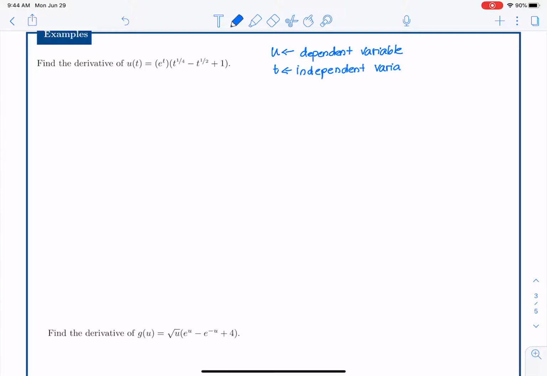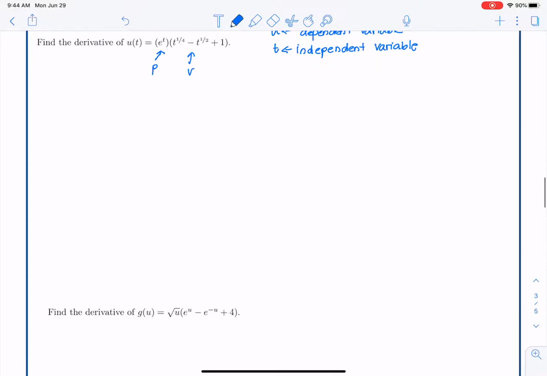And I don't want to call the two functions u and v. Rather, let me call them p and v. So p would be e raised to t. v is t raised to 1 over 4 minus t raised to 1 over 2 plus 1.